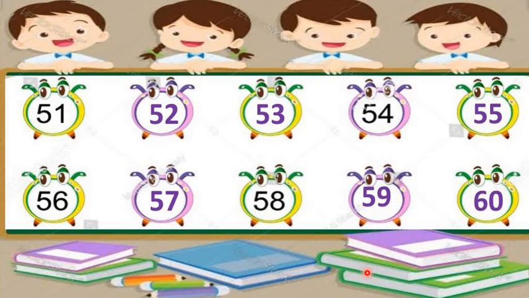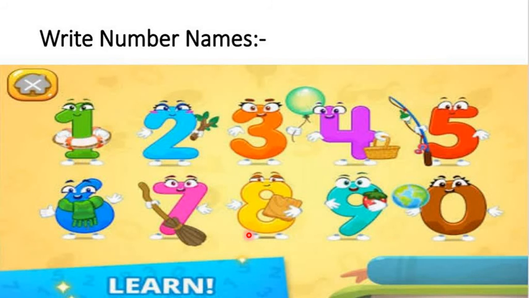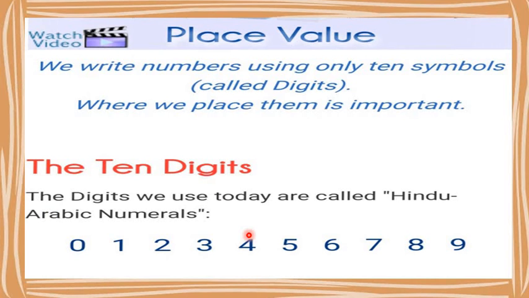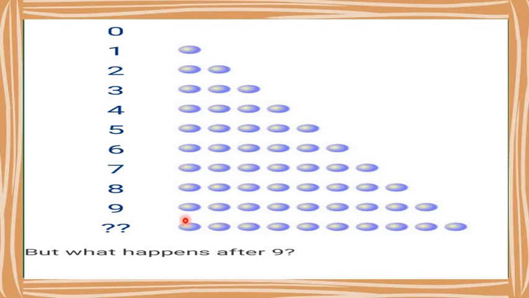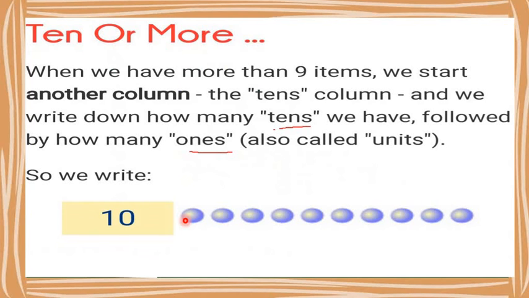Okay? Then we know about missing numbers. How can we write missing numbers? Today we learn about place value, how to find out place value and write the numbers in the form of tens and ones.